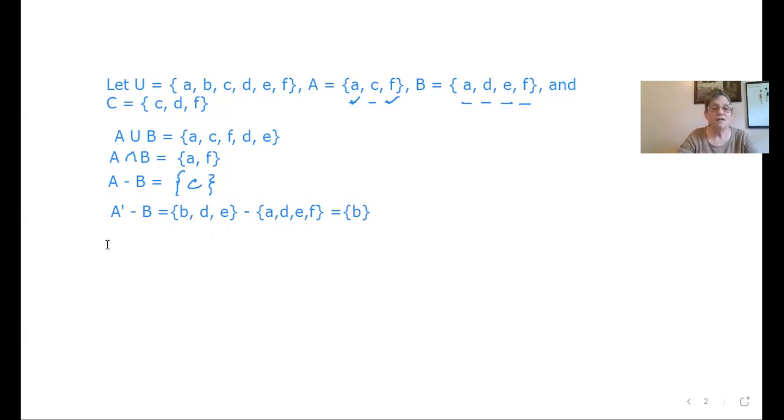What if this had said the complement of A minus the complement of B? Well, we've already figured out that the complement of A is going to be the set of b, d, and e.